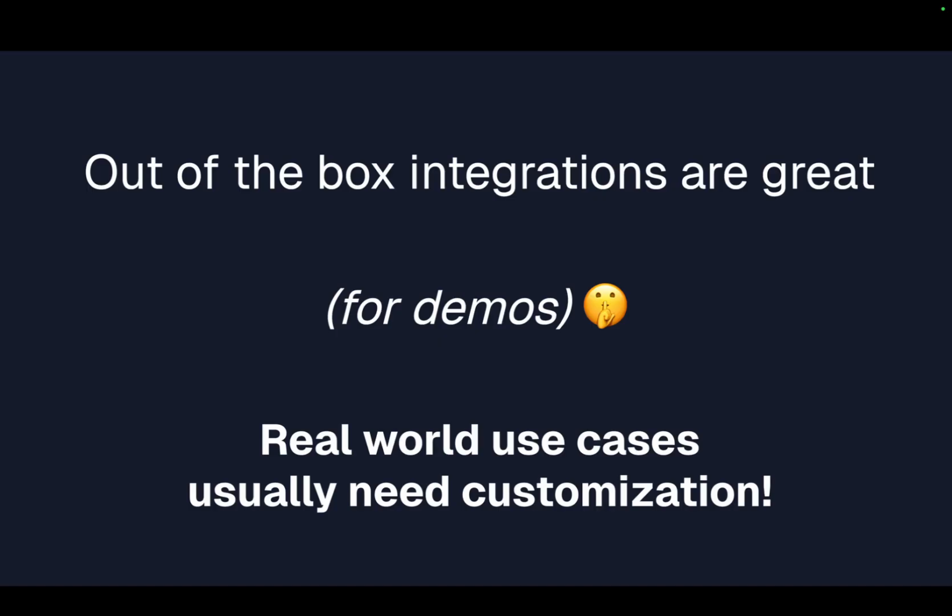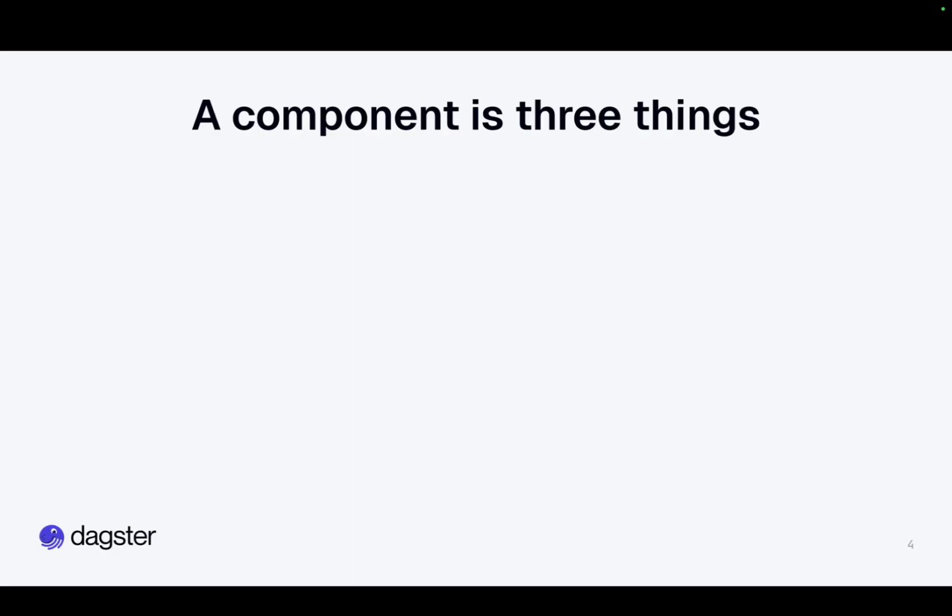So real-world use cases always need customization. And we think this is where Dagster really shines relative to other low-code tools or other tools built with YAML front ends that are much, much more difficult to customize. In our system, you just write Python that you're used to writing and the system takes care of itself. And I'm going to build a custom component right in front of your eyes.